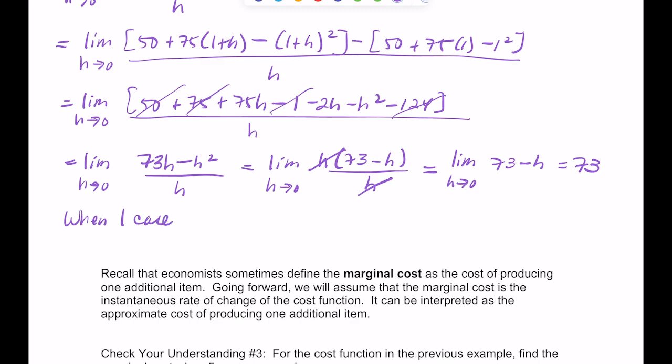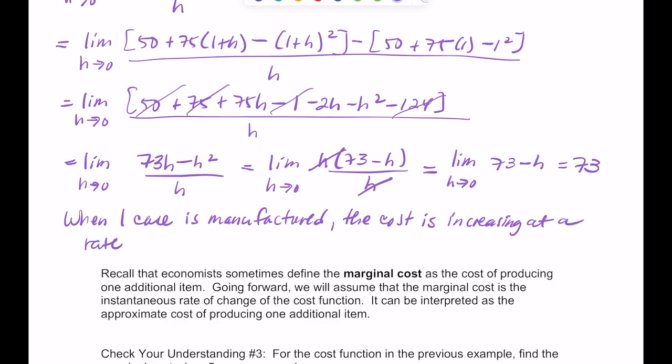Okay, so when one case is manufactured, the cost is increasing at a rate of $73 per case.